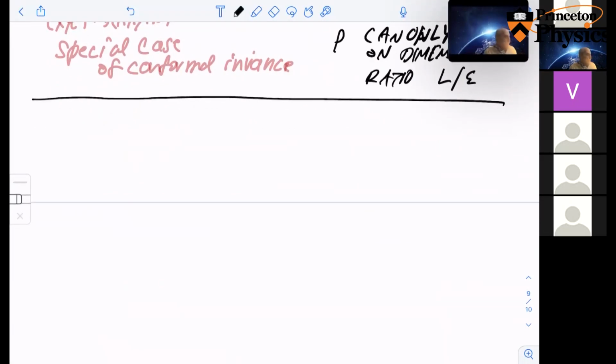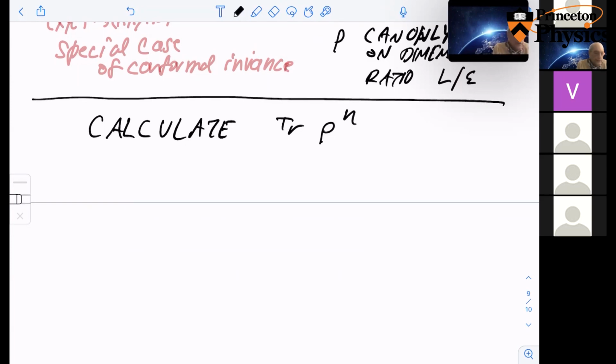So we want to calculate trace rho to the n. Well, let's start with trace rho squared.